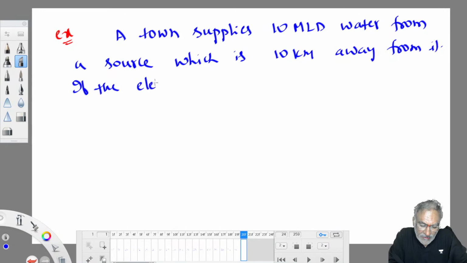If the water level at the source, so it is to be conveyed, indirectly they will give the H value.